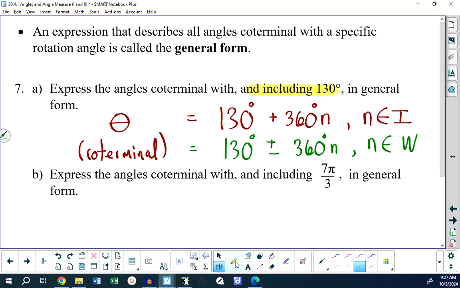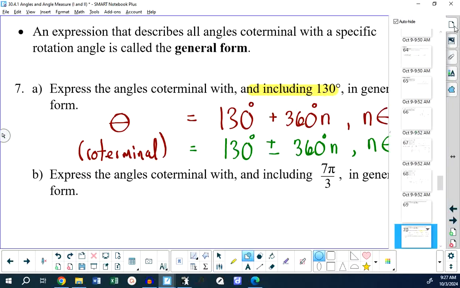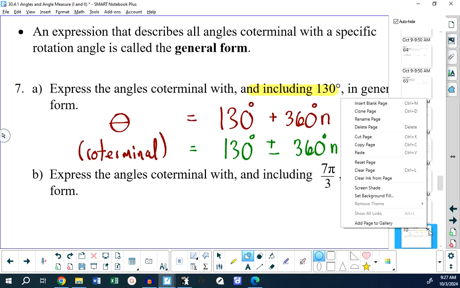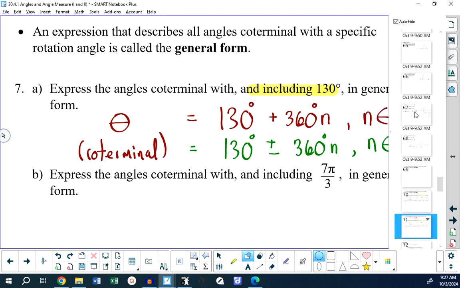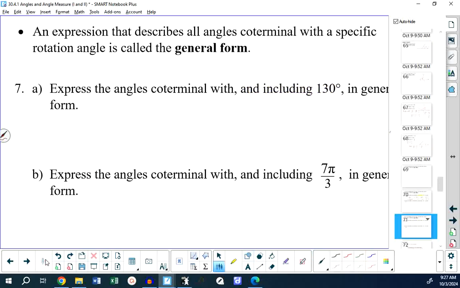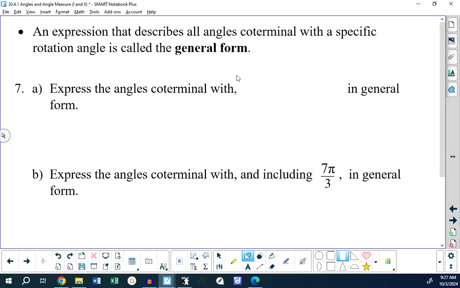I think it's mean, that if I said express the angles coterminal with, well, I'll do this on a different screen. If I said instead, express the angles that are coterminal with 130 degrees in general form, this is really dirty. 130 degrees is not coterminal with 130 degrees.